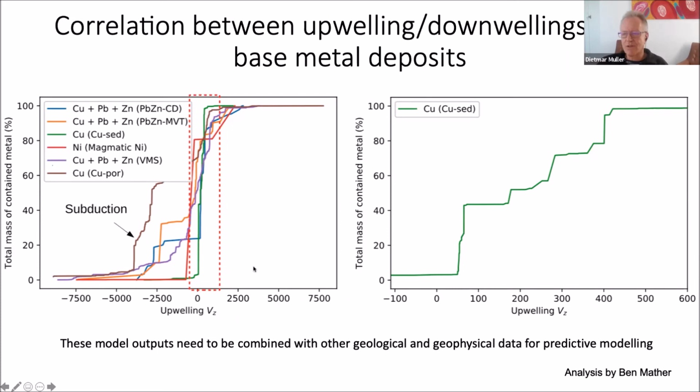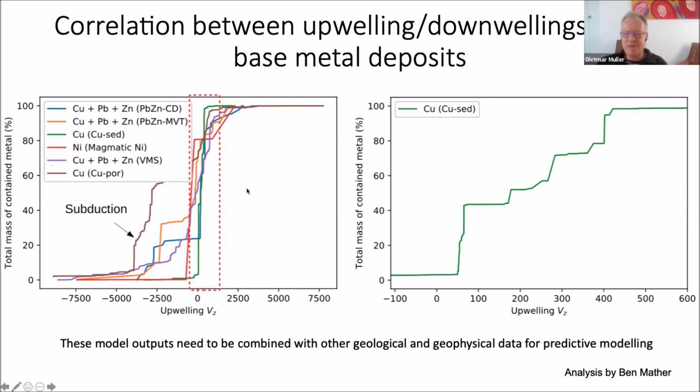But if we take a closer look at this area that's outlined with the red dashed line here and blow this up, then we see, if we look at sediment-hosted copper deposits, that they tend to be associated with mild mantle upwellings, right?